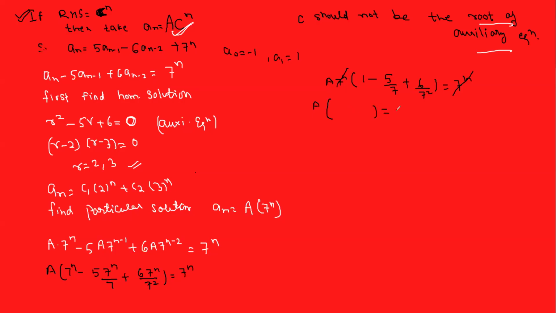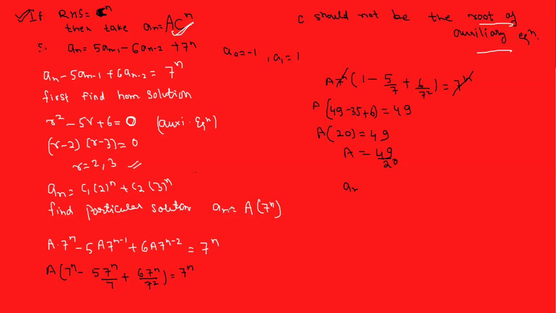Multiply by 49 both sides. Right? So if A is equal to 49, then a_n will be okay.